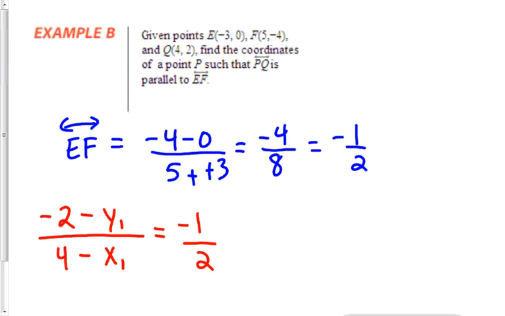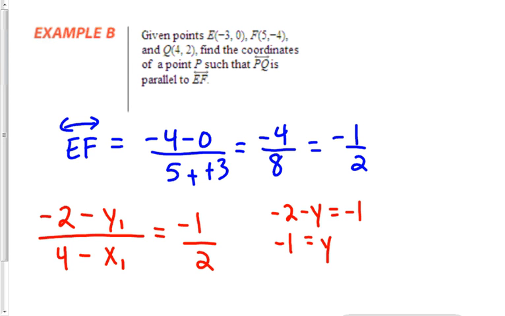So on top, I have an equation, negative 2 minus y has to equal negative 1. So if I solve this, I can add 1 to the left side, so I'd have negative 2 plus 1, which is negative 1, and I would take the negative y over to the right side where it would become positive. So the y coordinate is negative 1.